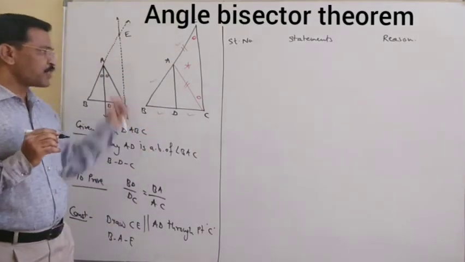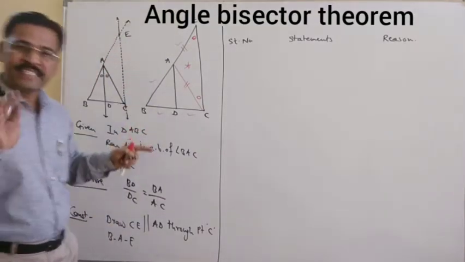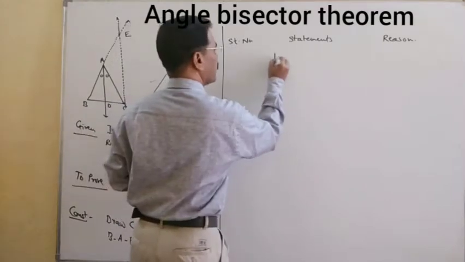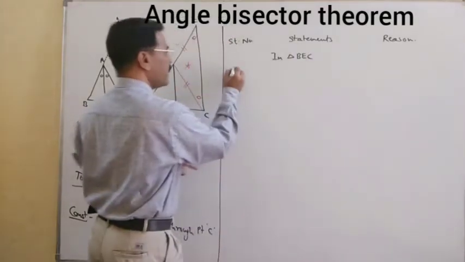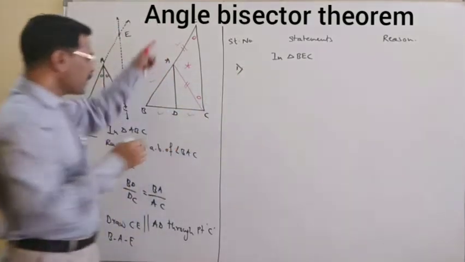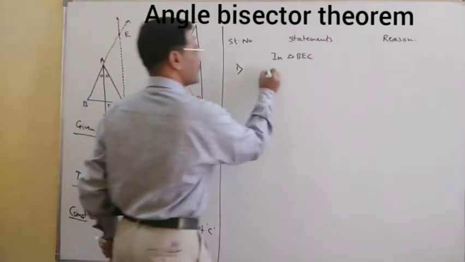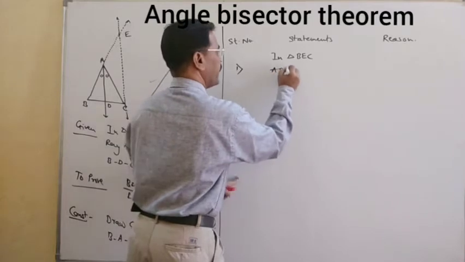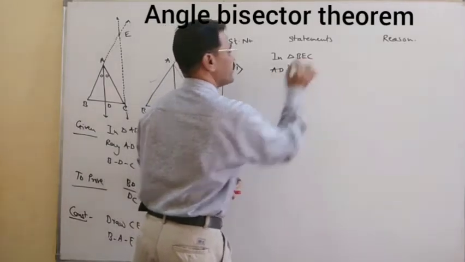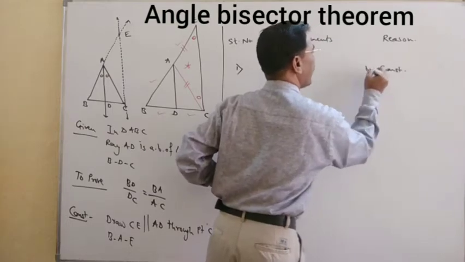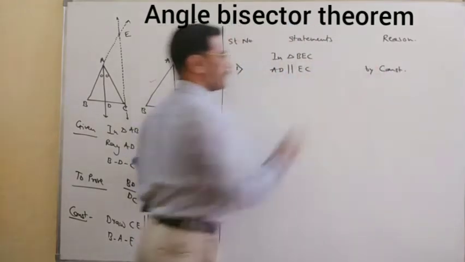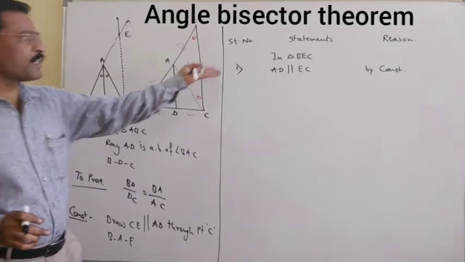In this big triangle BEC. In triangle BEC, what we know is AD is parallel to EC, by construction. Because of the construction, it is parallel.